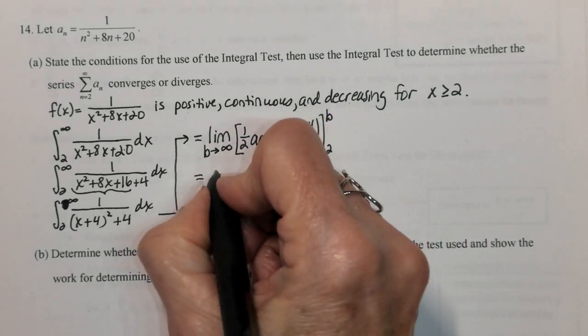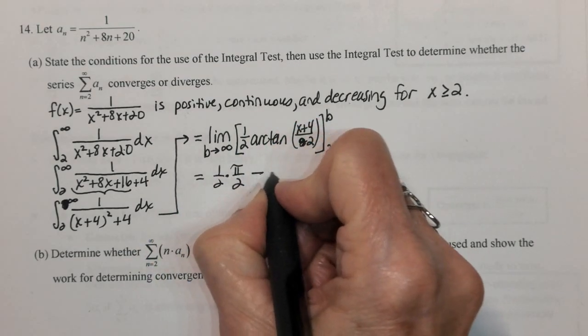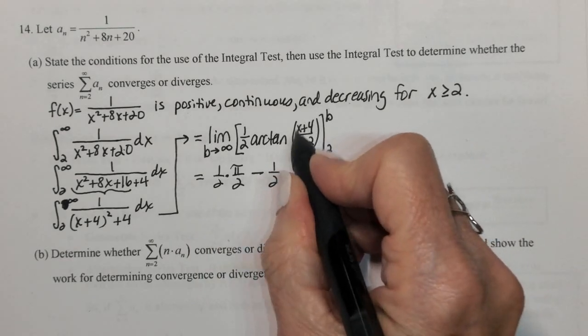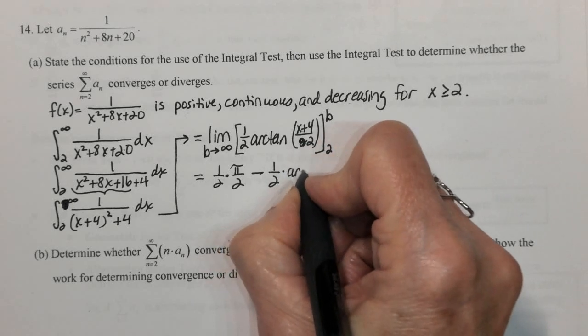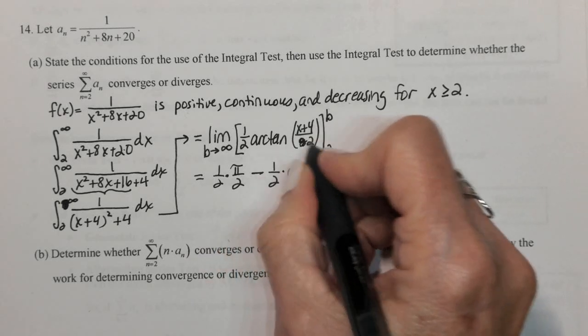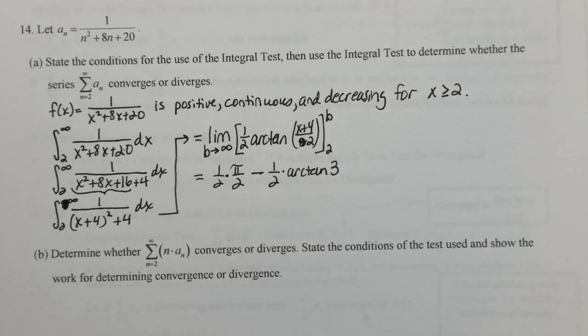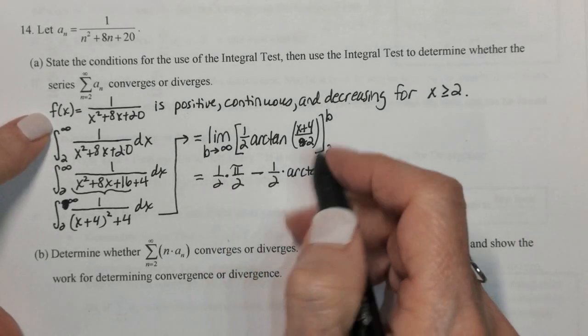So I have 1/2 times pi over 2 minus 1/2 times, now we put 2 in for x, arctan of 6 over 2, which is 3. And that would be a safe stop spot. This is not infinity. This is just a number. So the integral converged.